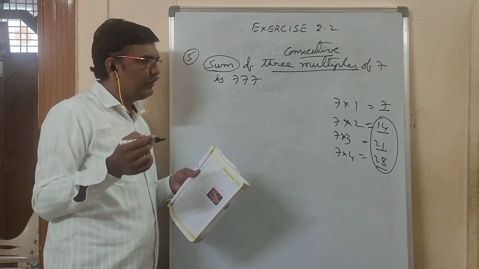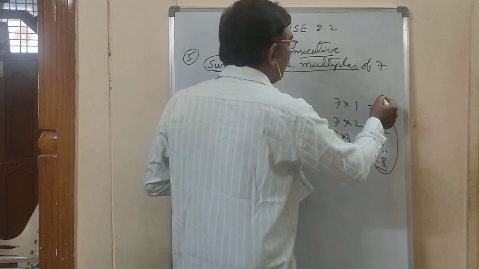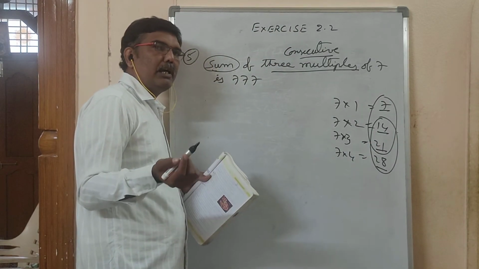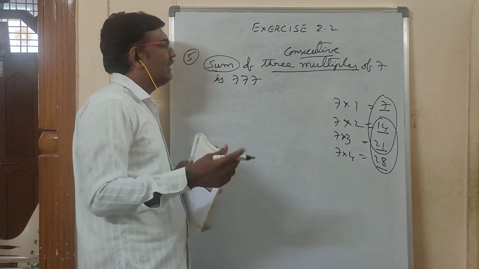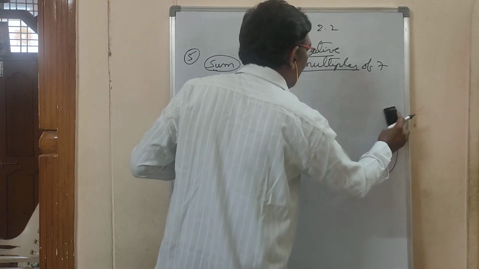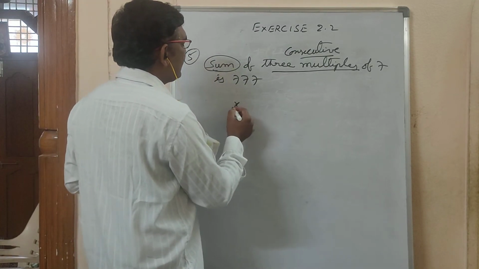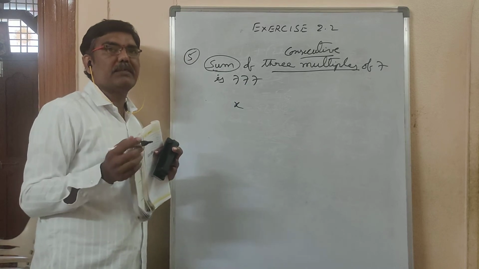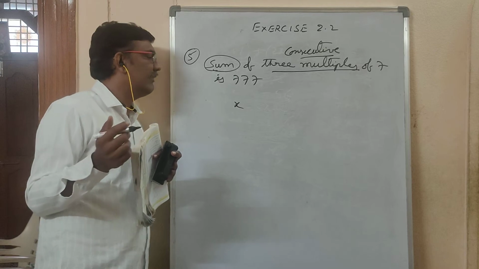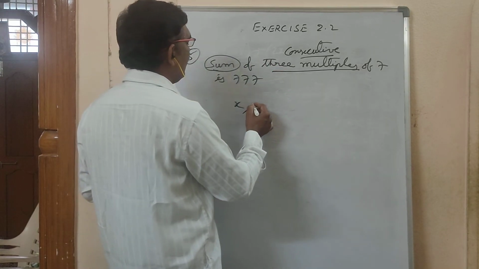Like 7, 14, 21 are 3 consecutive multiples of 7. Like that, 3 consecutive multiples, how can we write it? See, if you are taking x as a multiple of 7, then the next multiple of 7 will become what? x plus 7.